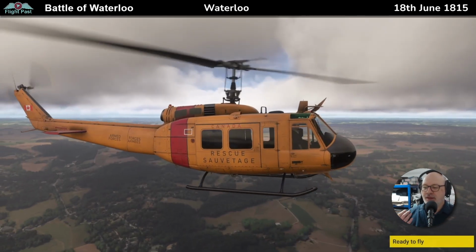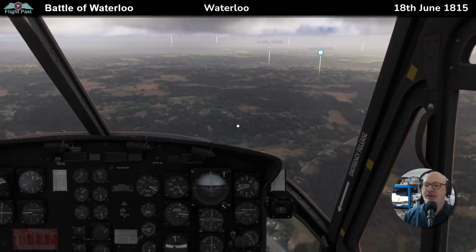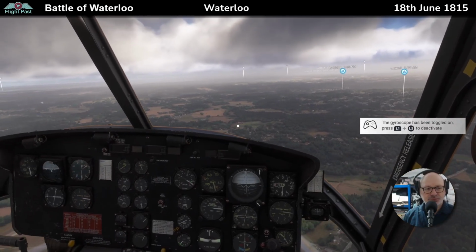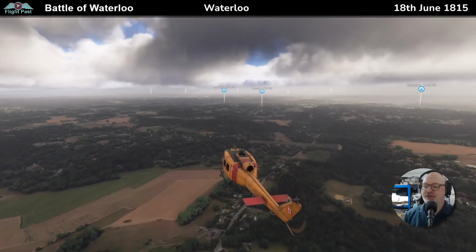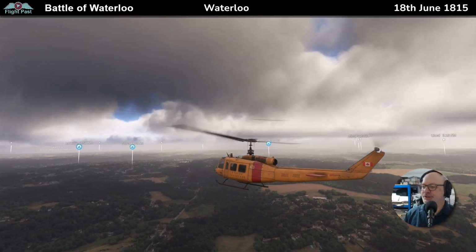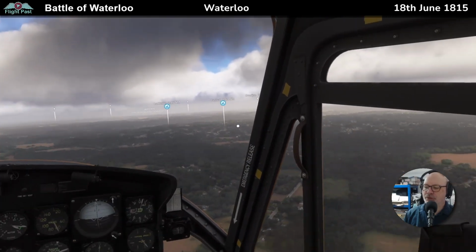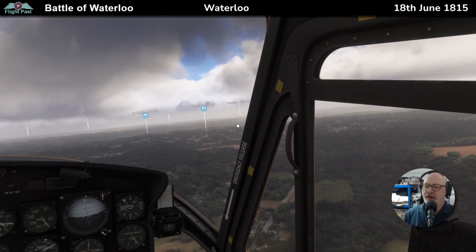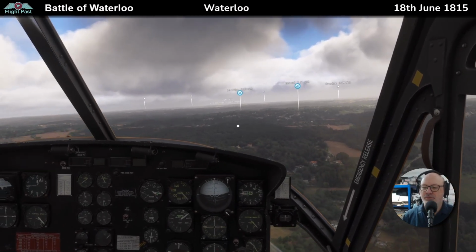This flight simulator has got satellite technology and photogrammetric imagery, and so it allows us to fly around. We're using the Huey today in the Canadian Rescue colours, so we can have a look at the distances, the topography, and get a better insight into what happened on days in history.